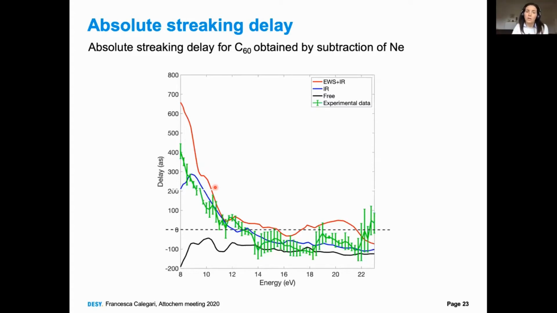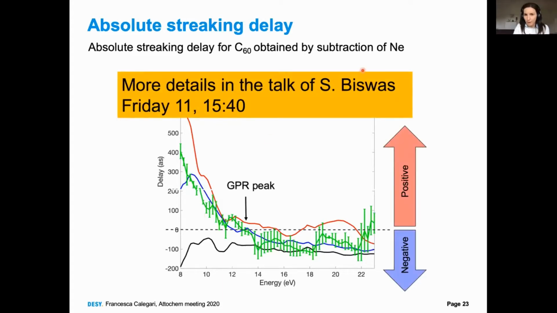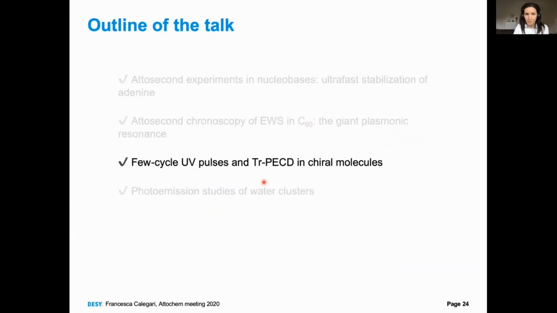And so we can see that actually at the moment, the IR contribution alone is pretty much well fitting the experimental results, except for the very low energy region, where maybe we can see more signature of the Wigner delay, but this is still an ongoing investigation. Okay, more details also will come about these results in the talk of Bisbas on Friday.